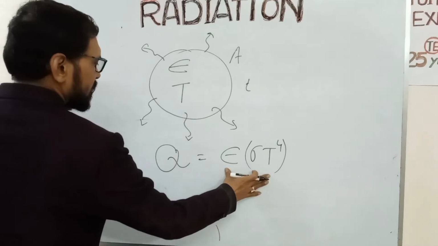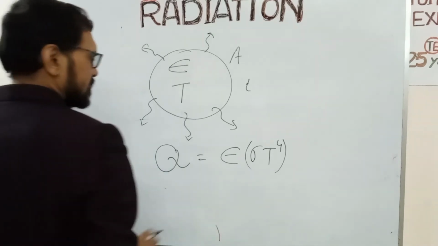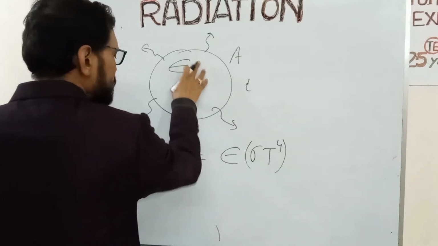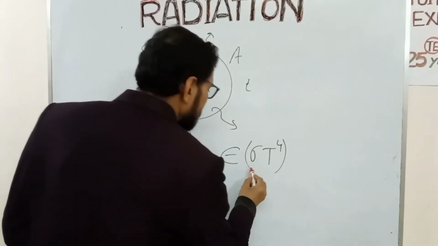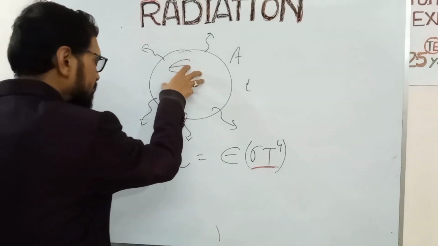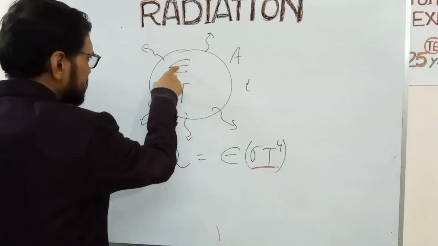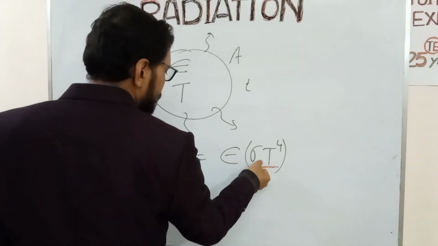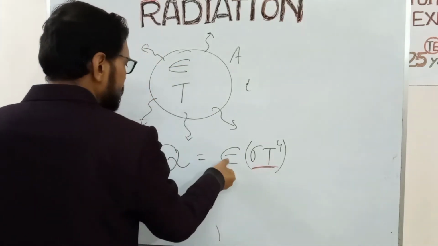This is the emissive power of the body, because if this body were a perfect black body its emissive power would be sigma T to the power 4, but since it is not, the emissive power is that of the black body into emissivity.